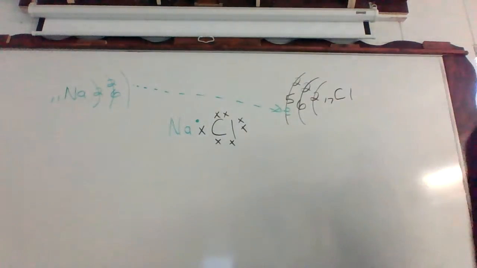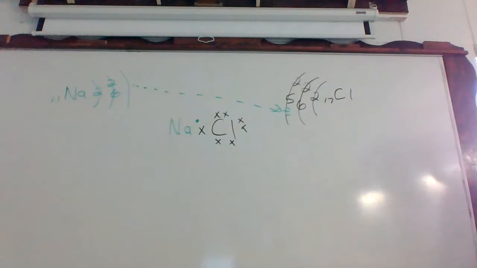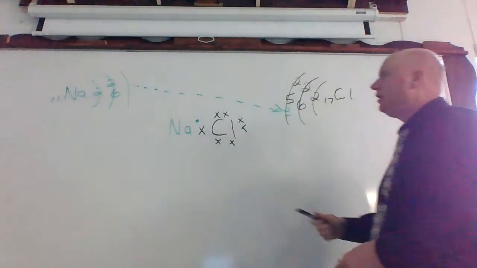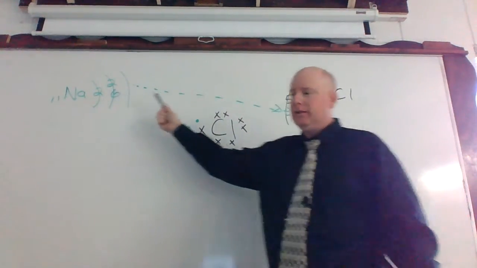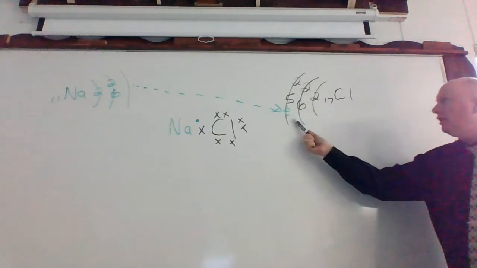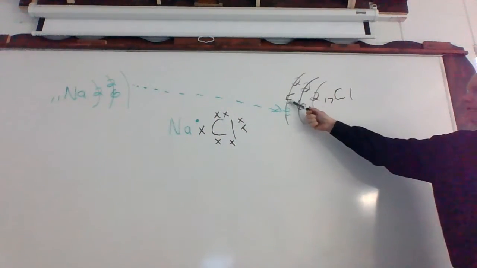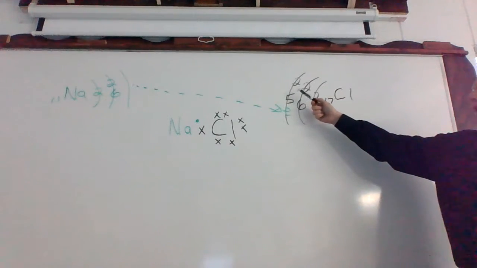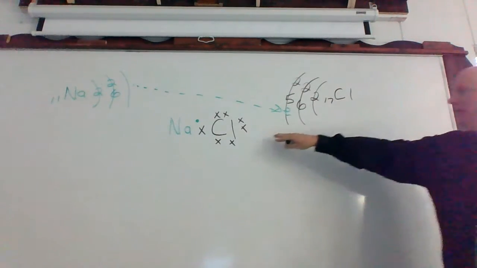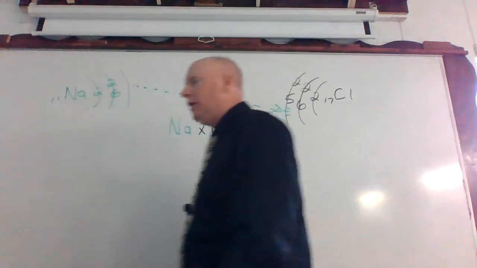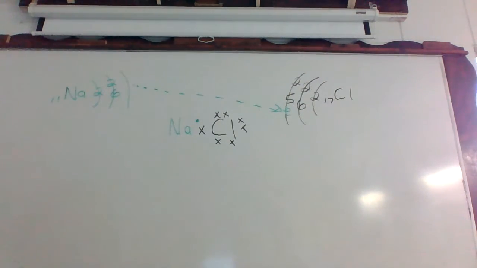Okay? So, therefore, what we see happening is sodium is in column 1, so then that meant it had 1 valence electron. Chlorine, being in column 7, has 7 valence electrons, 5 and 2. So what happens is, to become more stable, chlorine wants to gain 1, sodium wants to give away 1, and then that is, in essence, what happens.